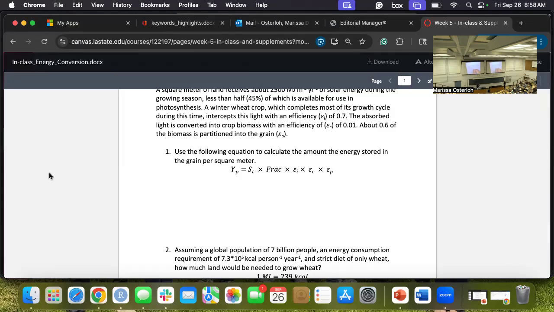So we got the 2,500 megajoules per meter squared a year, times the 45%, times the efficiency of 0.7, times the biomass efficiency of 0.01, times the grain biomass of 0.6.